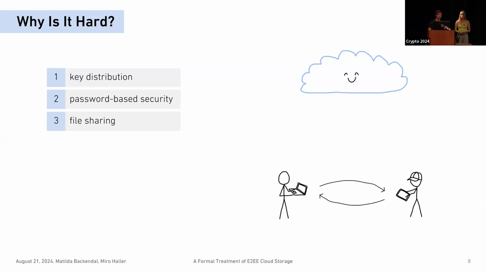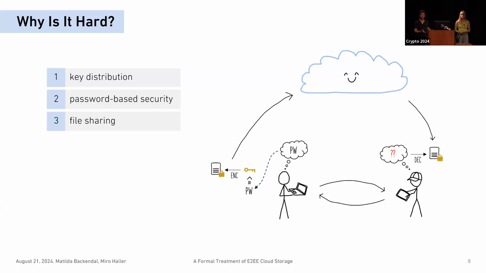We also have another issue. One of the key aspects of cloud storage is that you are able to share files with other users. But obviously, it's not a good idea to share your account password with another user just for them to be able to receive and decrypt the file. But this is exactly what you would need to do if you derive a key directly from the password.